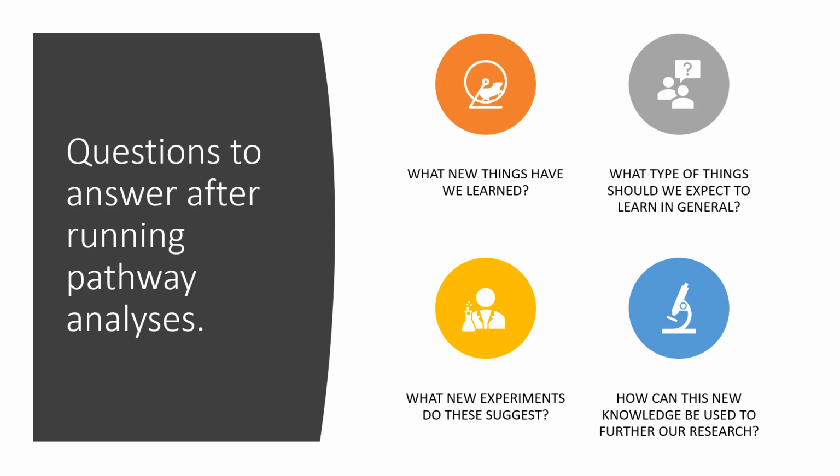We can think about what type of things we should expect to learn in general in response to those results. Many times it will help us design new experiments as a follow-up to validate our findings. And then we can think about how this new knowledge can be used to further our research and answer related questions as well.